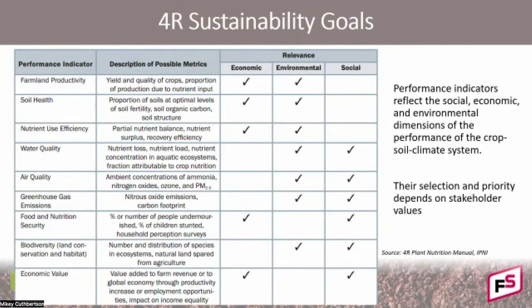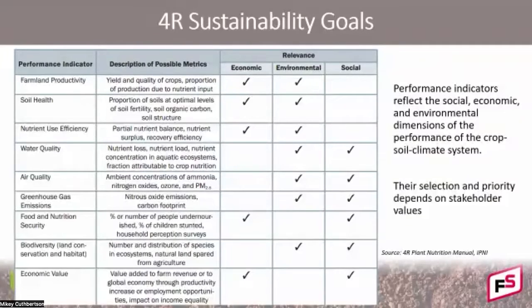So many of you being farmers in the room are obviously part of agriculture. We are on that more economical, environmental side of things. So with the sustainability goals, there's economic, environmental, and social. And there's performance indicators within the 4Rs on this side of the chart here.